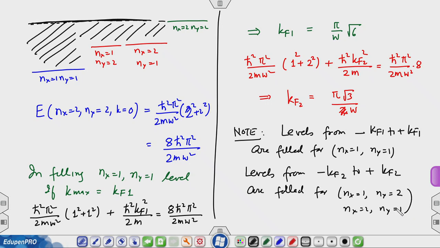So, these are the levels we are filling. Now, rest is very easy. Let me count the number of states and number of electrons in them.